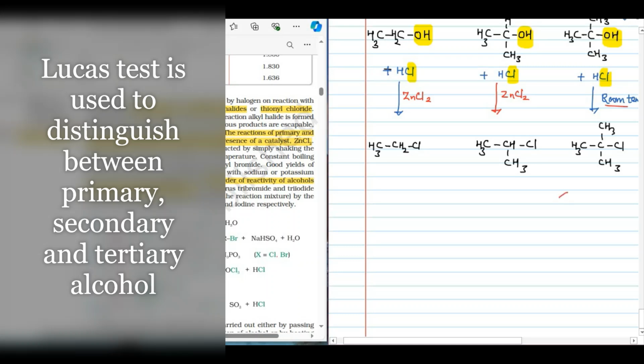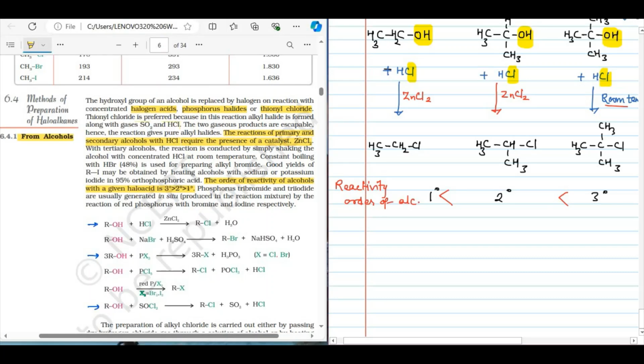So tertiary alcohol is more reactive than secondary, than primary. So this is the reactivity order of alcohol. Primary alcohol reacts the least, then secondary, and tertiary reacts the most.